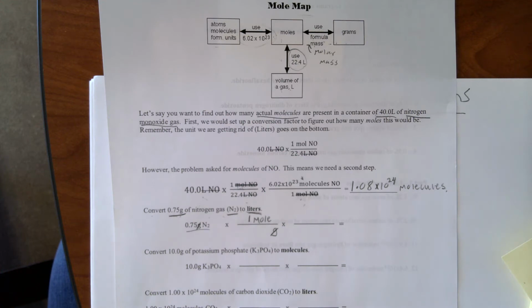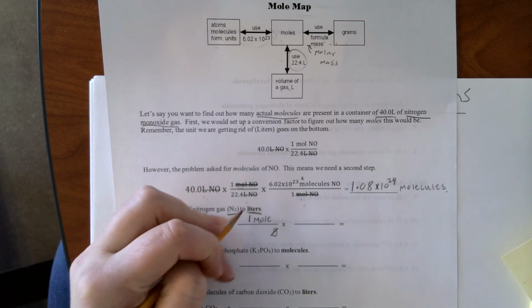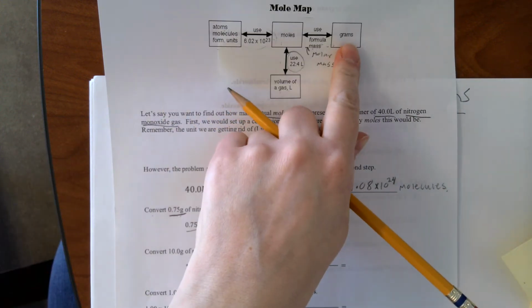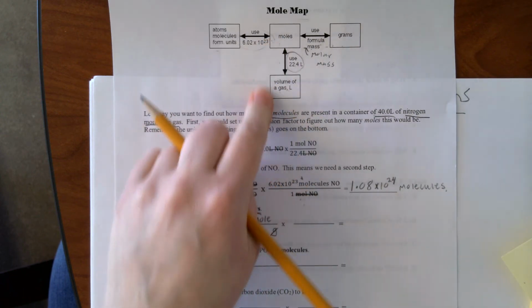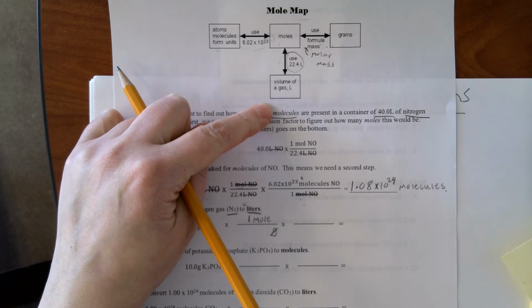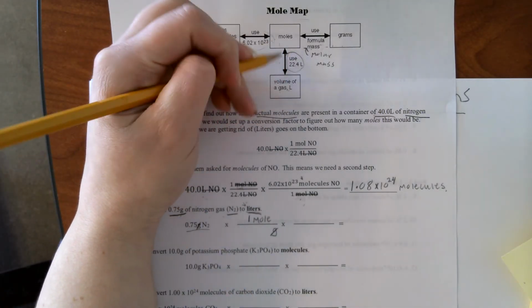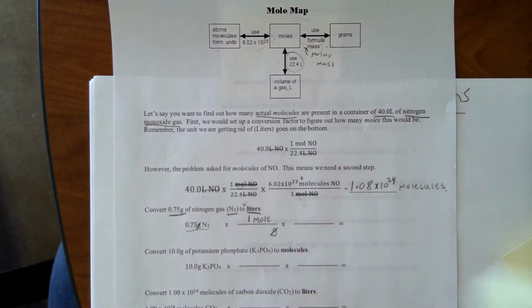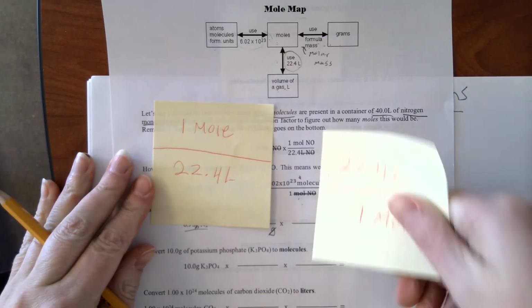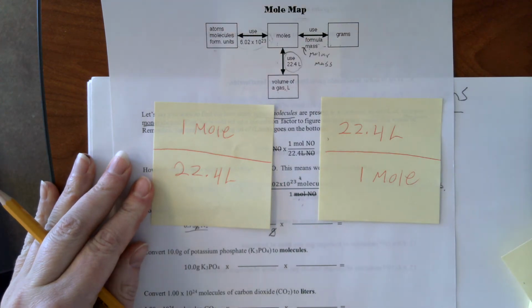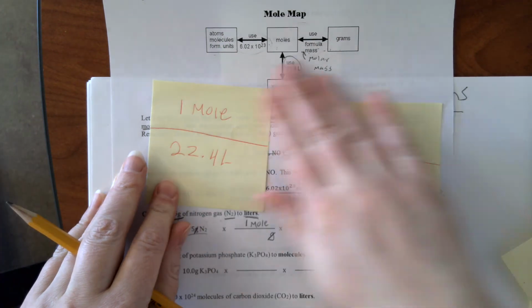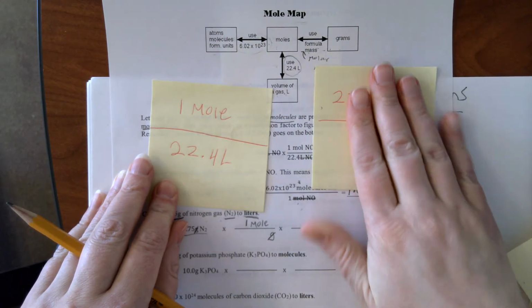And then we're not done yet because it wants to know what liters are. So we went from grams, we want to go to moles, and then we want to go to liters of gas. Okay, we have to use our 22.4 conversion factor again. Okay, and we want to end with liters, right?